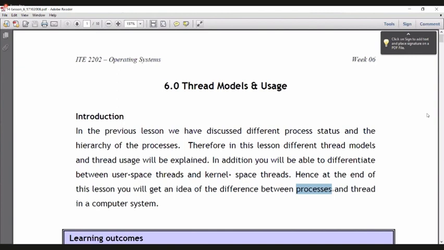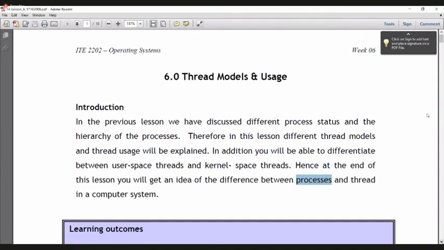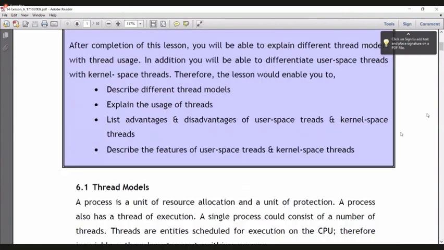Now you know what a process is. And after this lesson, we learn about threads, and you should be able to compare the difference between threads and processes. After completion of this lesson, you will be able to explain different thread models with thread usage.